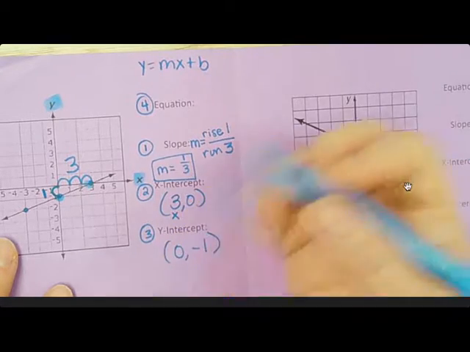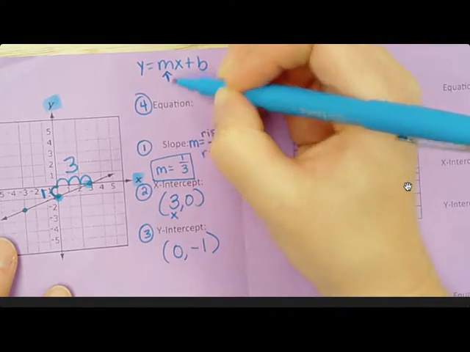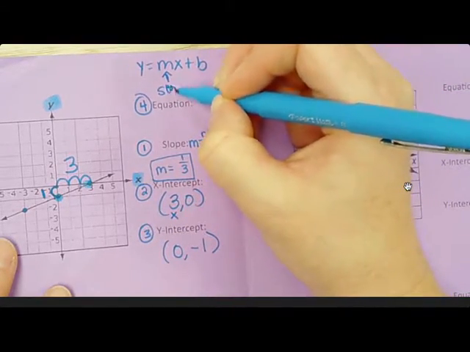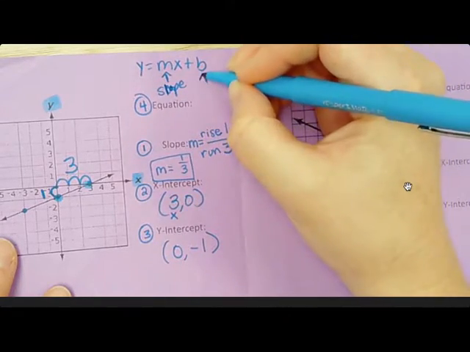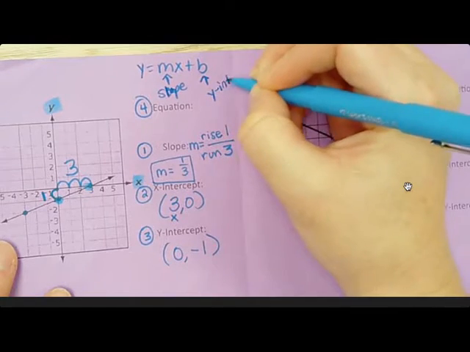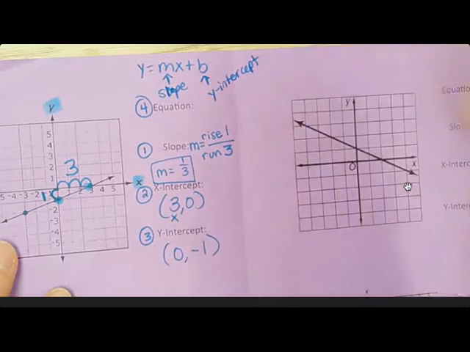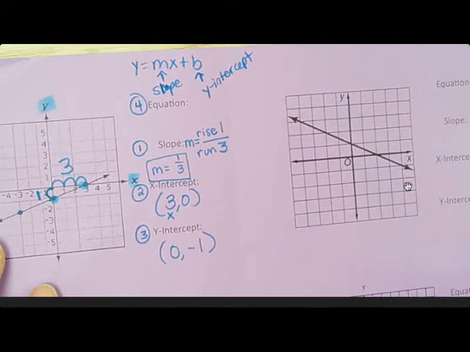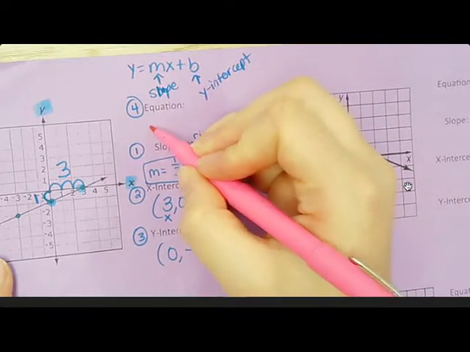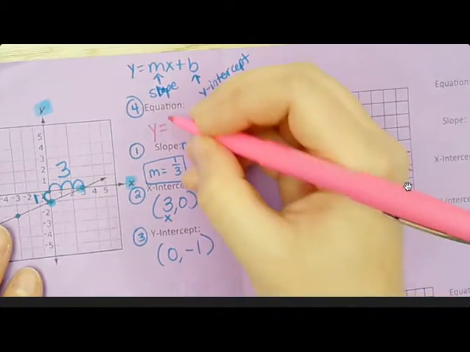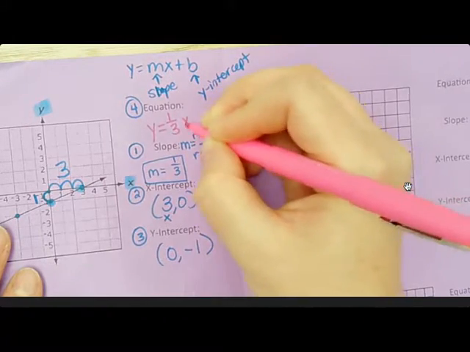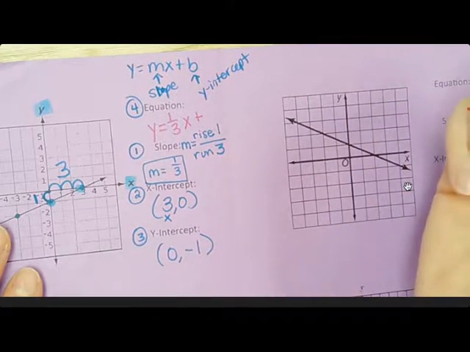So we are just going to plug in for the m being your slope, and b being your y-intercept. So y equals, what is m? 1/3 x plus, what's b?